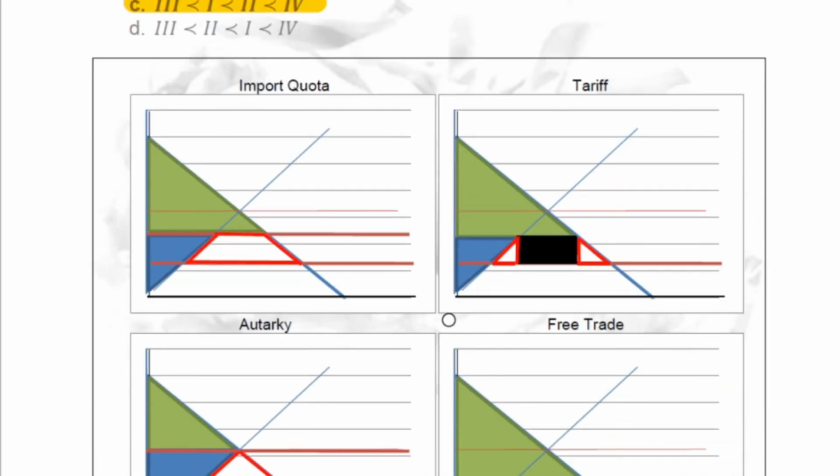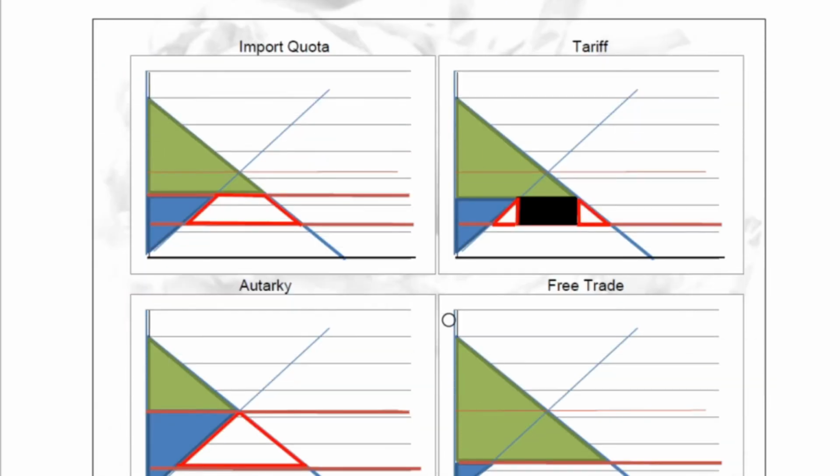If you didn't understand properly the answer or the question, here you have: the autarky deadweight loss is all of these. In free trade we don't have any deadweight loss compared with these policies because it's the most efficient situation.